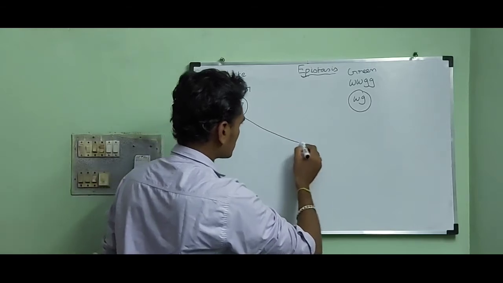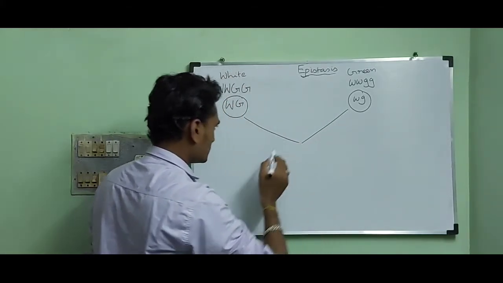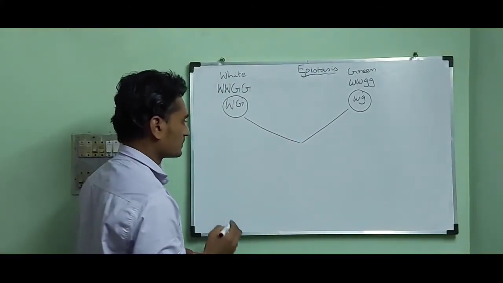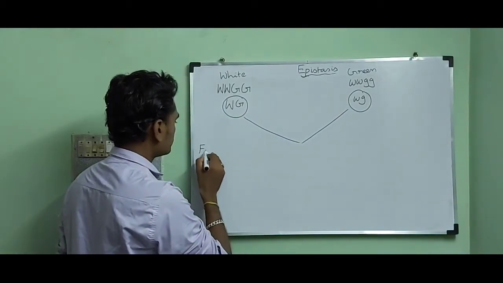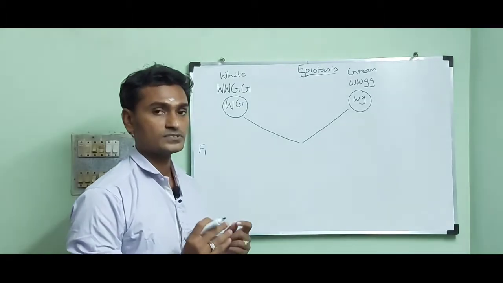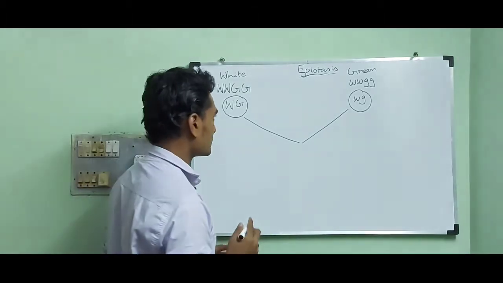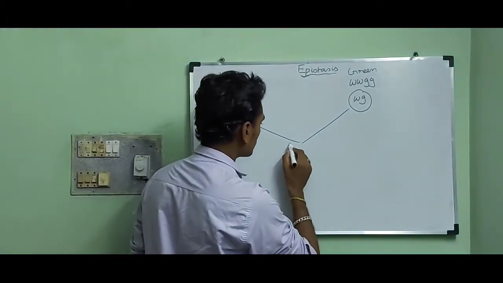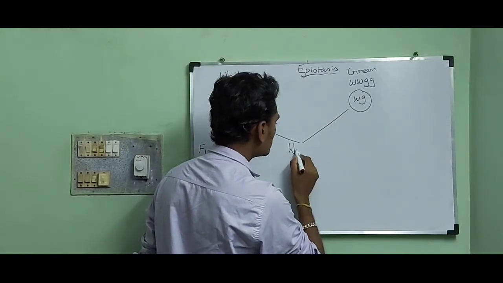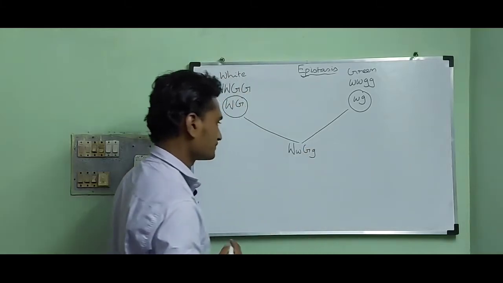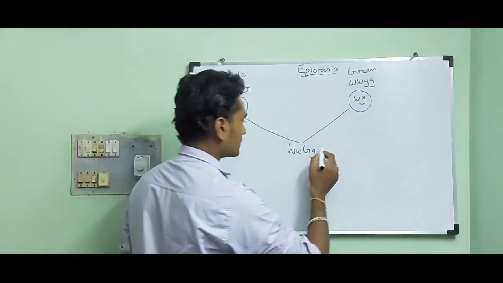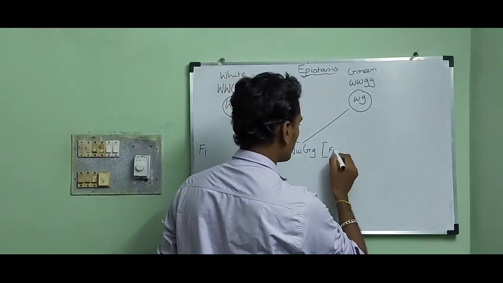Then cross pollination takes place, resulting in the production of the F1 generation. Then the F1 generation should be heterozygous in nature. So capital W, small w, capital G, small g. So it is a hybrid, F1 hybrid.